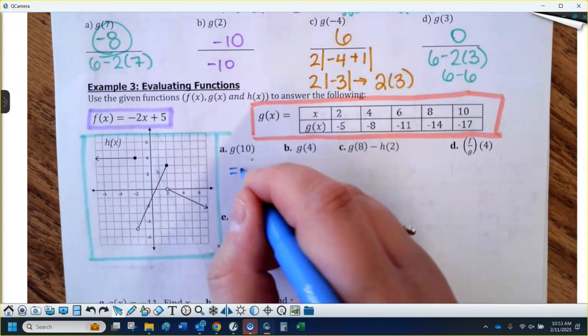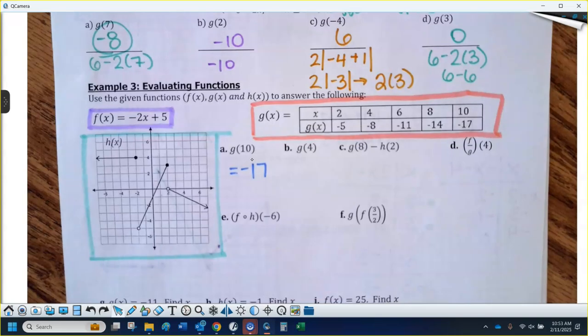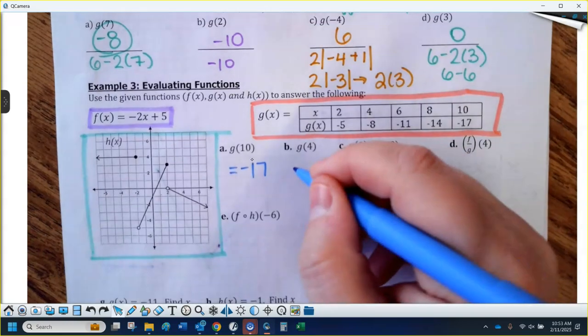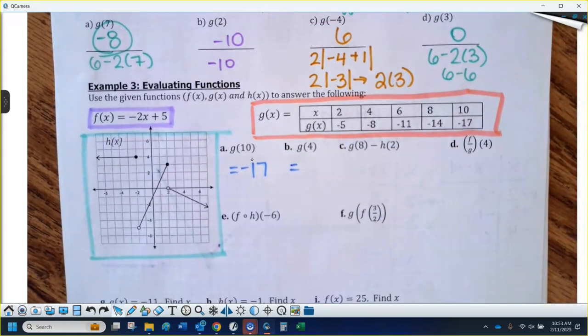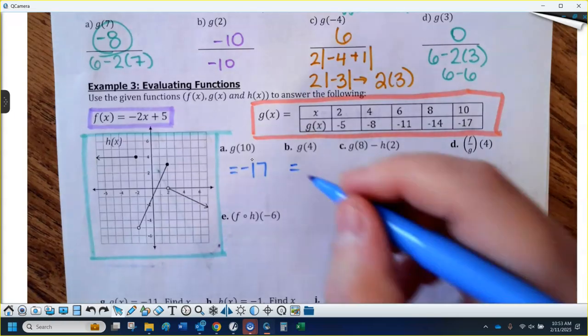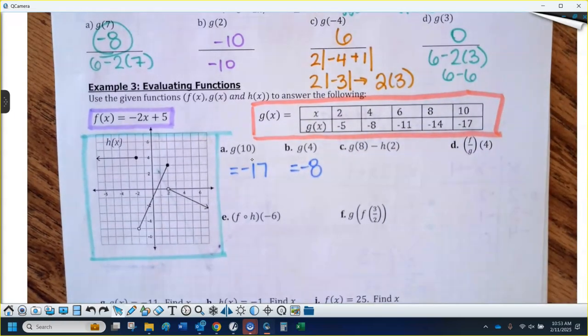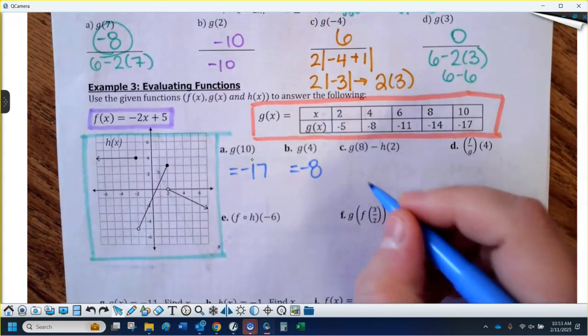G of x then is just the corresponding value. So you're finding 10 in the table and then writing down the corresponding value. So what would you tell me for that table for g of 4? Negative 8, exactly right. Now this next one is kind of a combo. So I've got to get from the table, what would g of 8 be from the table?